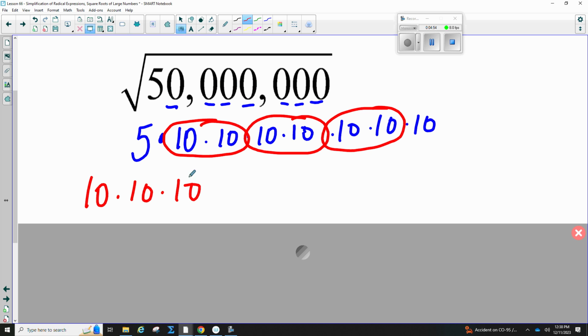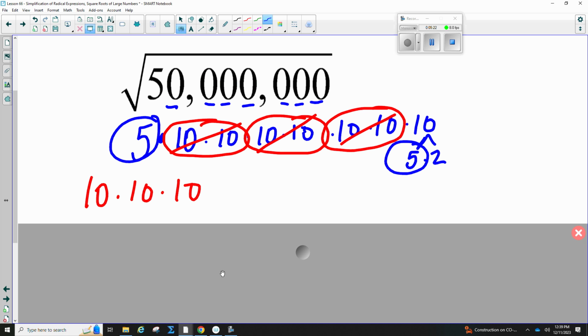The square root of 100 is 10. All right? I can go further, though, because I still have 50 left under the house, right? I have 5 and I have 10. What's neat about this is I can break down this 10 to 5 times 2. So what other number has a date? 5. I now have 2 5s.